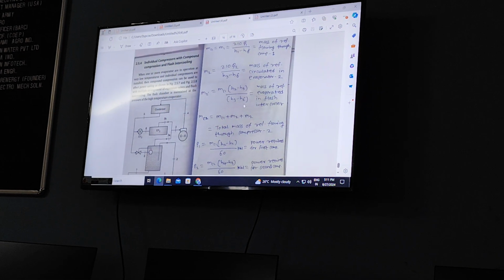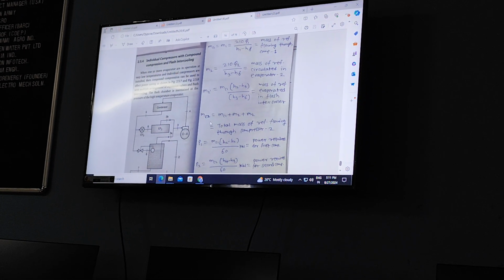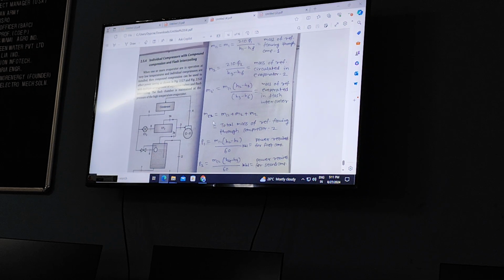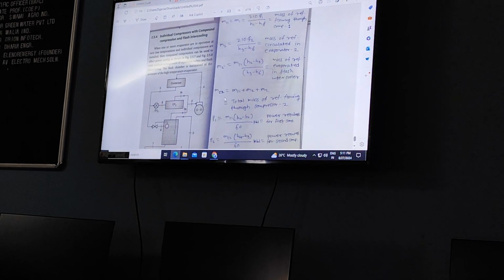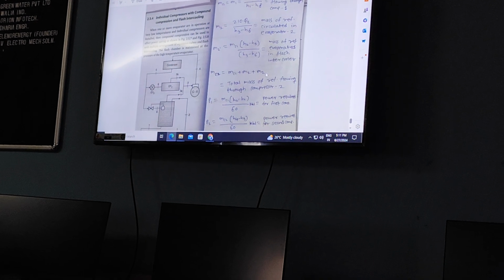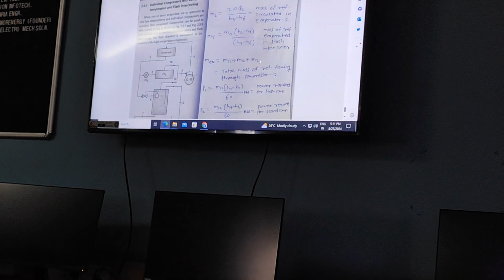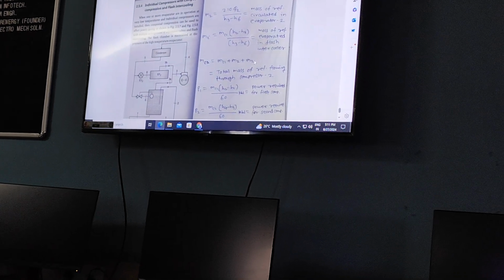And MC2 is what? Mass of the refrigerant circulated in second compression, which is equal to MC1 plus M2 plus M2 dash. Here dash is remaining.